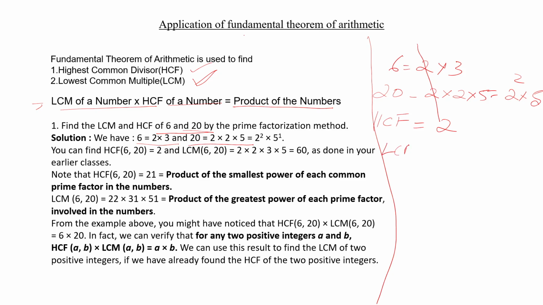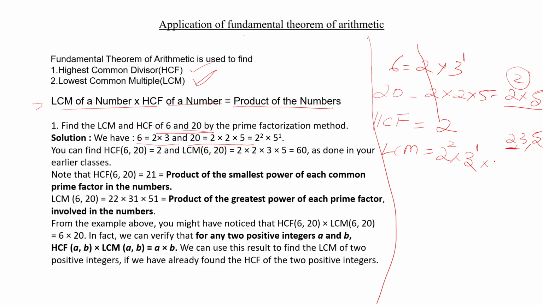How can you find the LCM? LCM is the highest power of each factor. What are the factors? First of all, here 2 is a factor, 3 is a factor, and 5 is a factor. So you have to find the highest power of each factor. What is the highest power of 2? 2 square. What is the highest power of 3? 3 power 1.